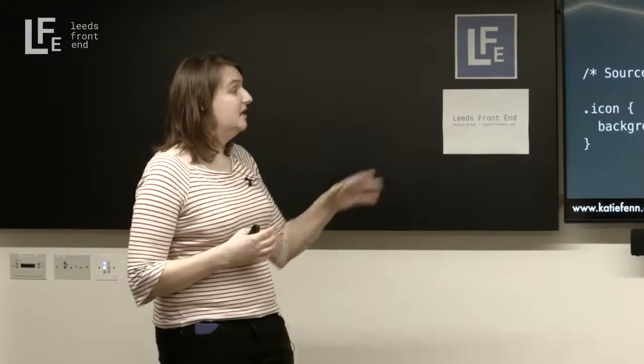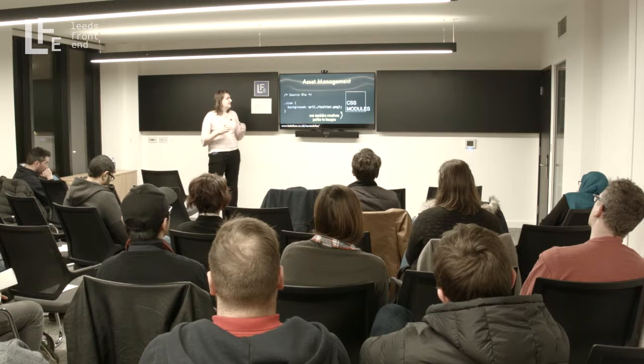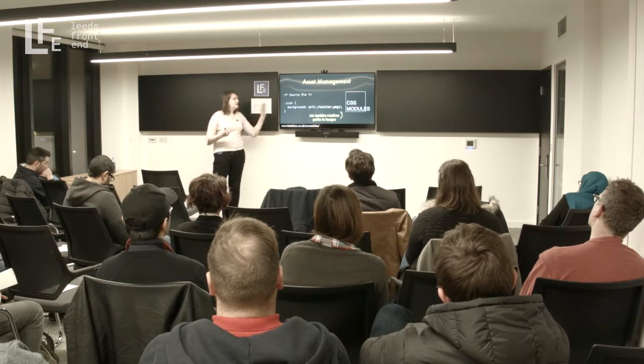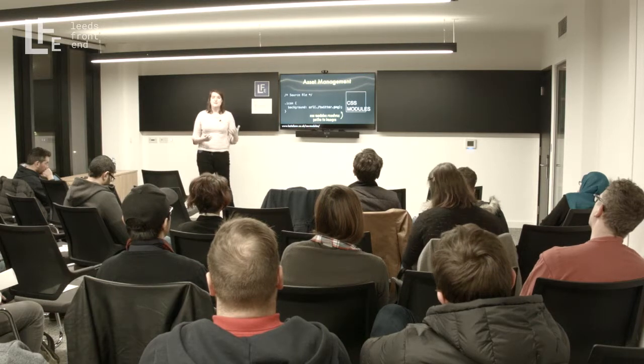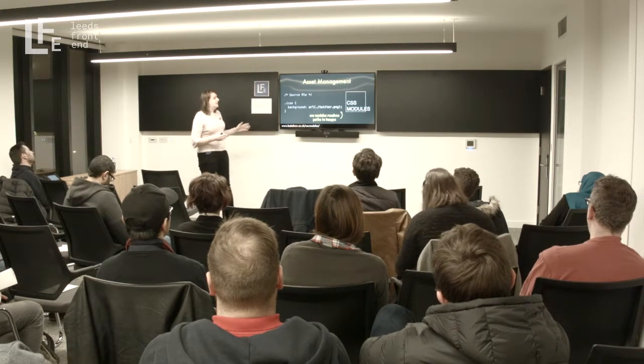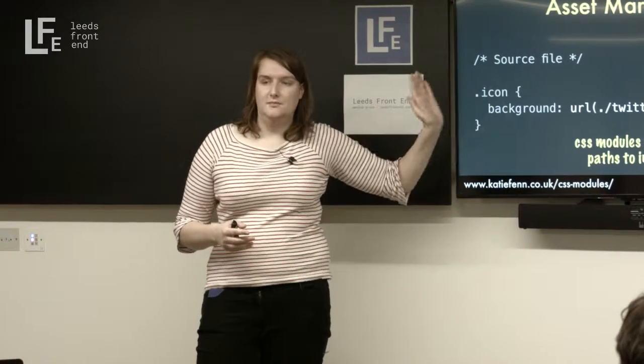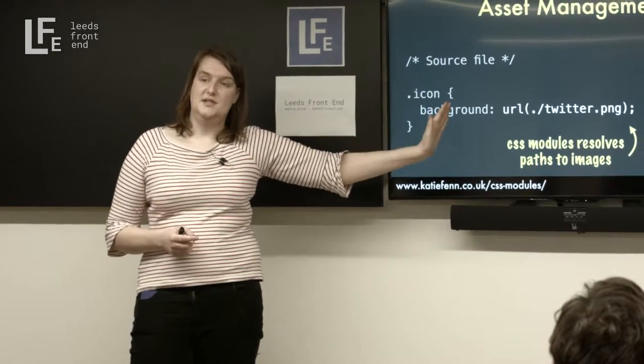CSS modules will also load relative file paths inside the URL property. So this will apply a hash to the file name, which means that you can use it with your build tool chain, so that you can keep your nice readable local file name inside your style sheets.